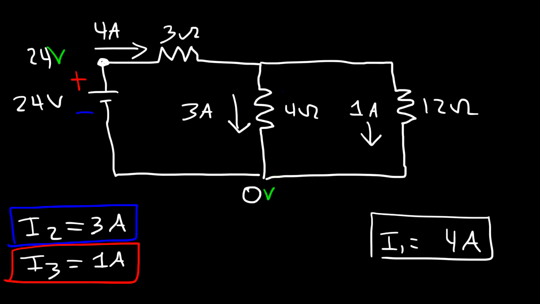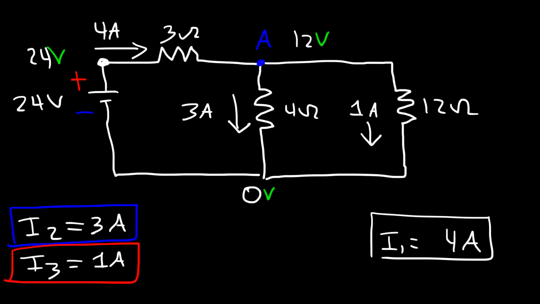Now, what is the potential at, let's say, point A? Now, let's calculate the voltage drop across this resistor. V equals IR, so it's the current that flows through it times the resistance. 4 times 3 gives us a voltage drop of 12. And 24 minus 12 tells us that the potential at this point is 12 volts.